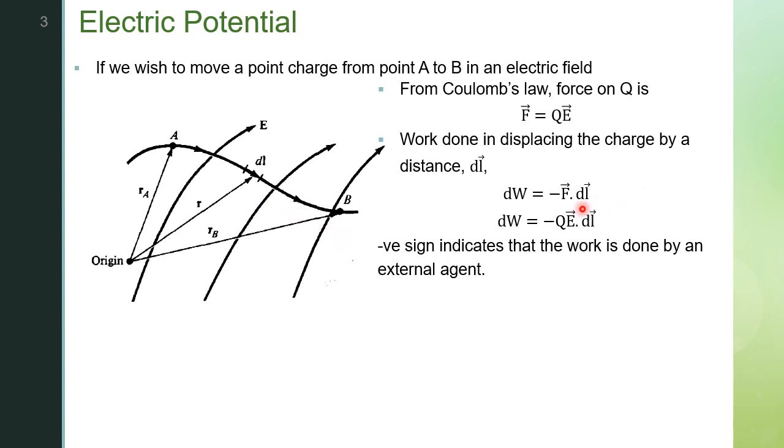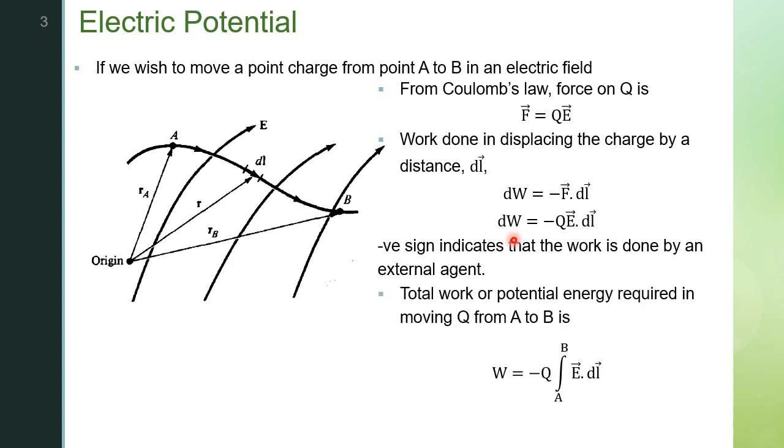Now, if we substitute F equal to QE, we will get dW as minus QE dot dl. So this is the differential work done. Now, if you want to find the entire work done in moving the charge Q from A to B, we will integrate it over the entire limit from A to B. So therefore, we will get W as minus Q into integral A to B E dot dl.